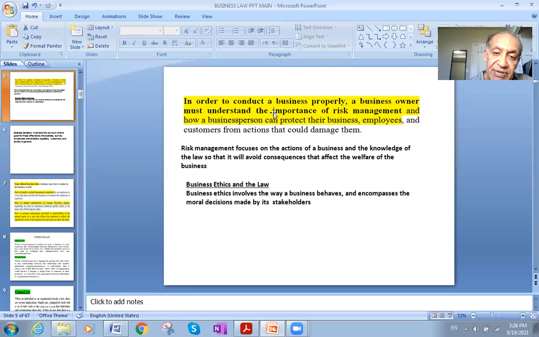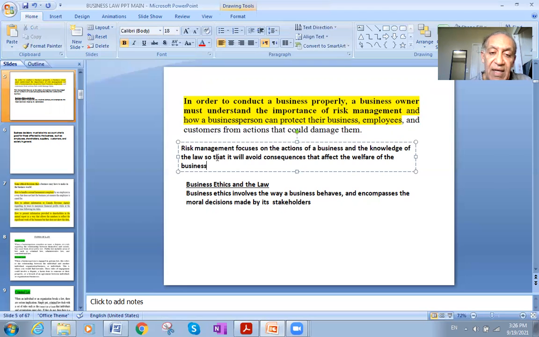This was about risk management, focusing on the actions of a business and knowledge of the law so that risk will be avoided. When you know the consequences of what you are doing in your business, you know what is right and what's wrong.